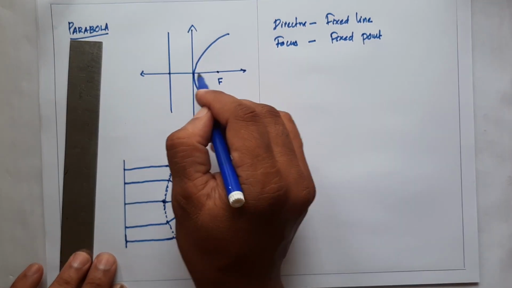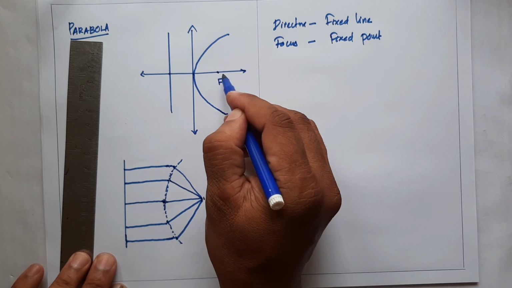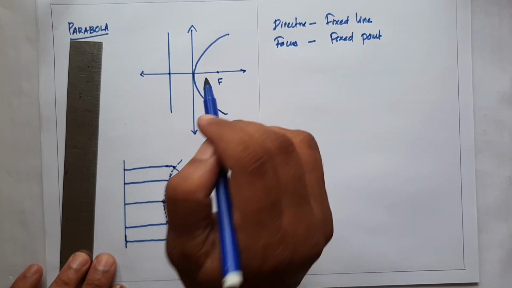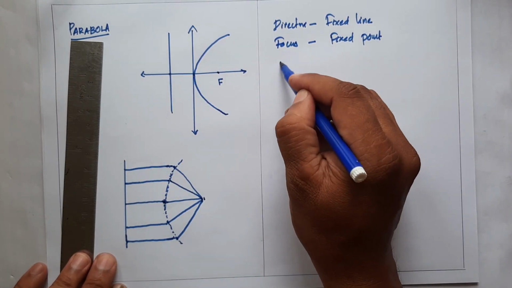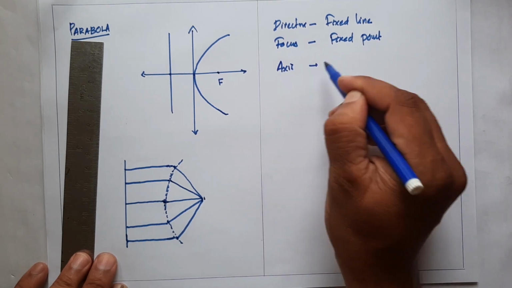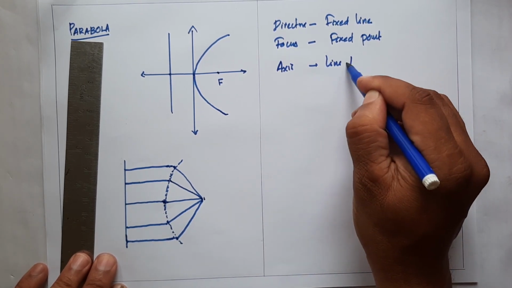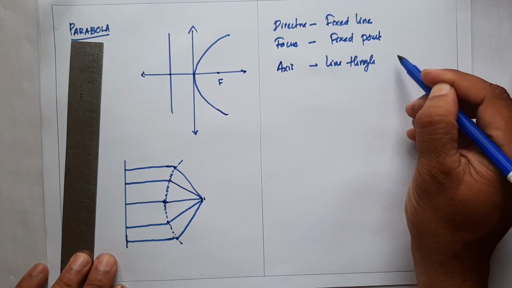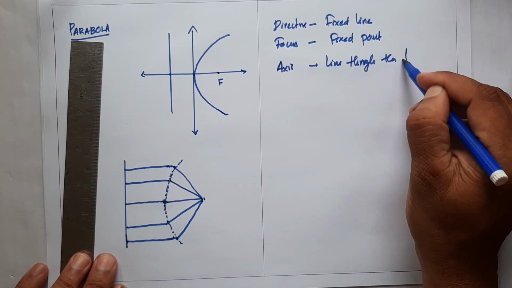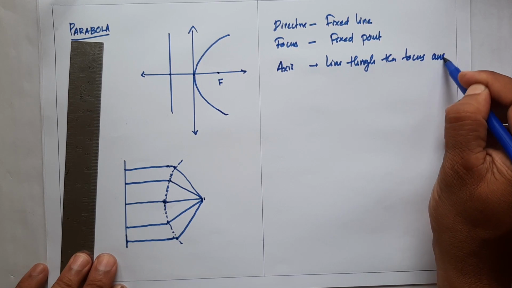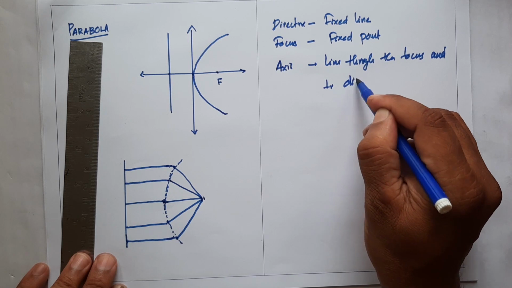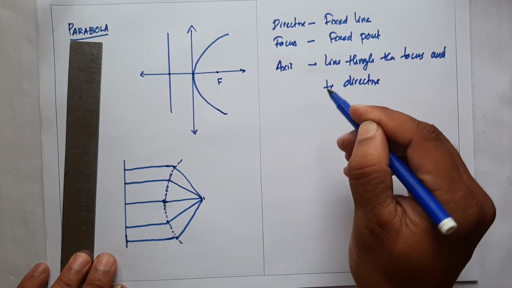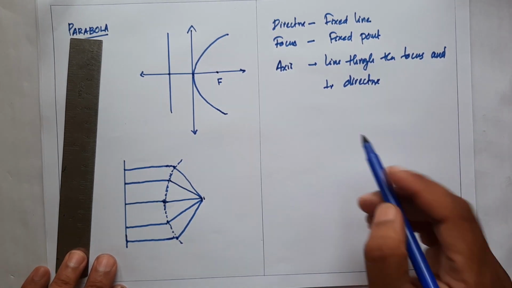An axis passing through the focus and perpendicular to the directrix is called the axis. The line through the focus and perpendicular to the directrix is called the axis of the parabola.